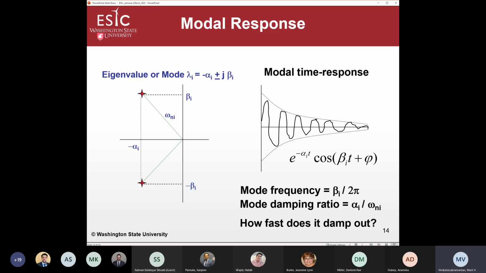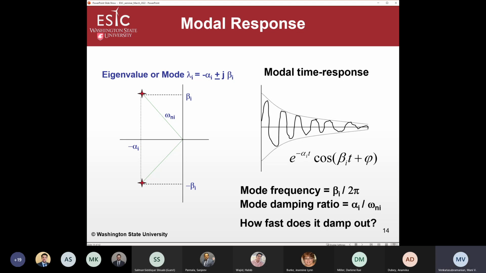And again, one of the nice properties of a linear system is that any system disturbance or response can be decomposed into a linear combination of the fundamental modal responses. So these responses are important in determining the full system response. The imaginary part gives us the frequency, and the real part will tell us how quickly the transient will damp out.